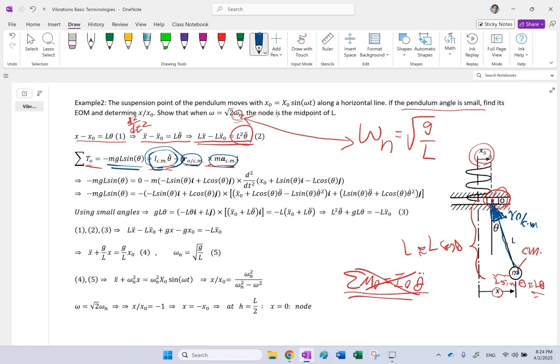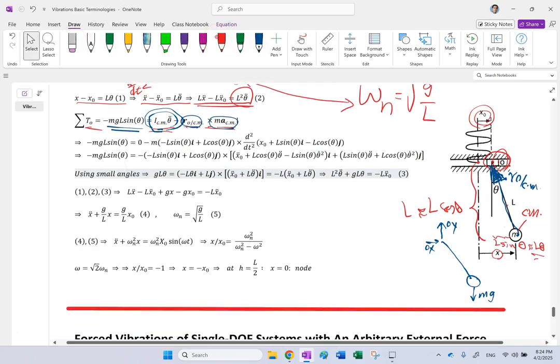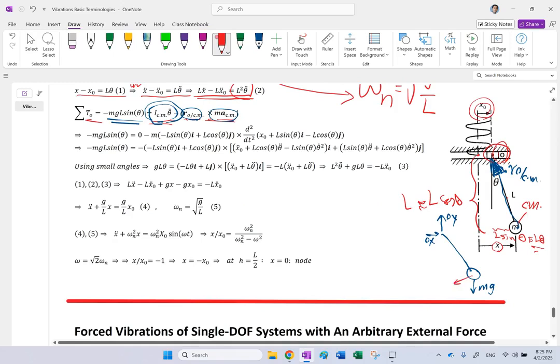Now, in this object, if you look at it, the mg is there and the pin forces. So if you take the sum of moments about the pin point, the only force that creates any moment is mg, and not all of the mg, only mg sine theta.